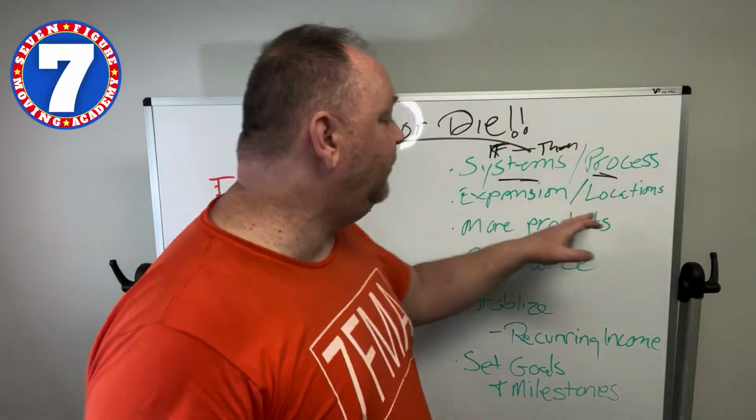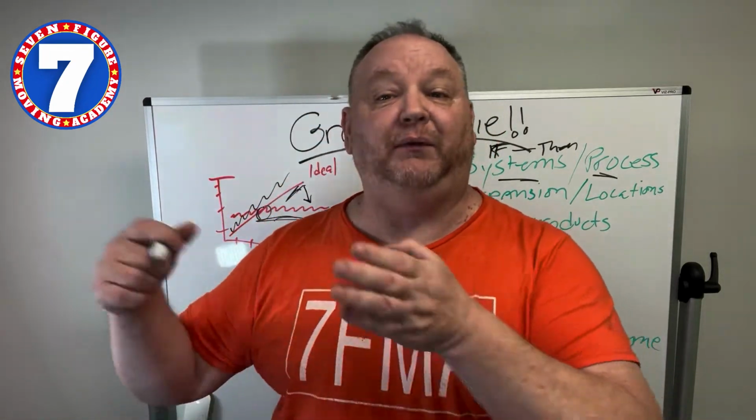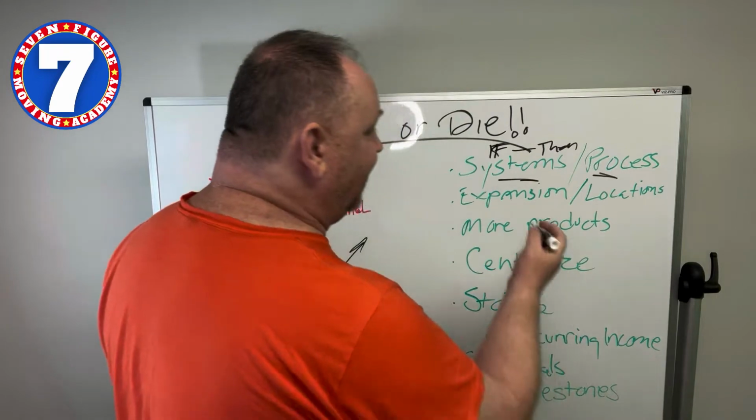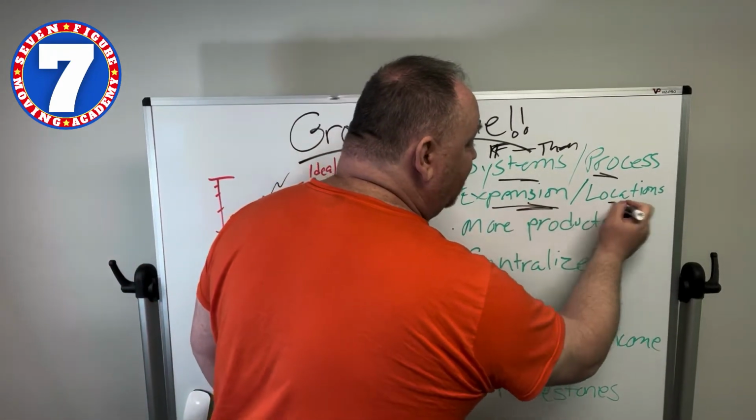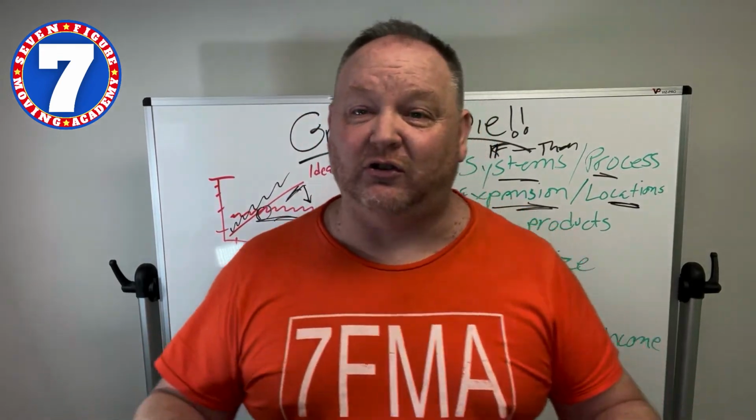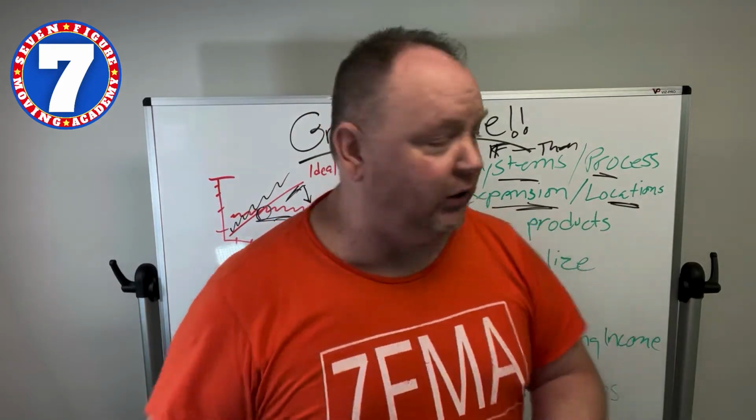Another thing that you want to do is start thinking about expansion. And that could mean different locations. It means more people. It could be various different things. But one of the things you want to do if you're going to grow is start thinking expansion, and maybe different locations like franchising or creating agencies or creating buyer's agents, or whatever you're doing.